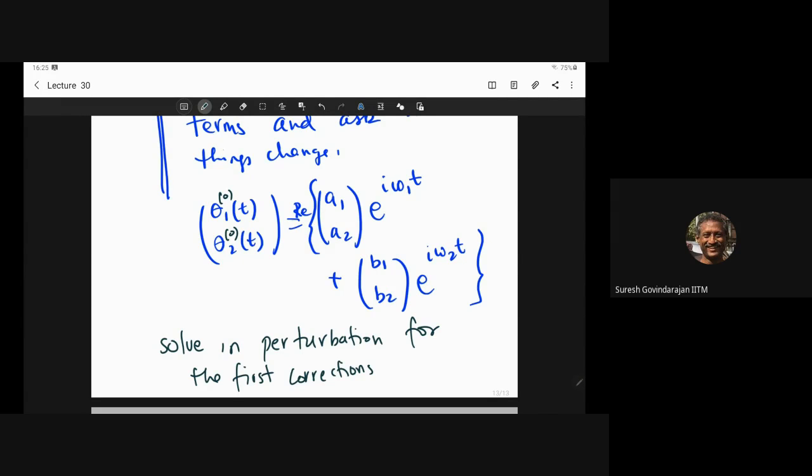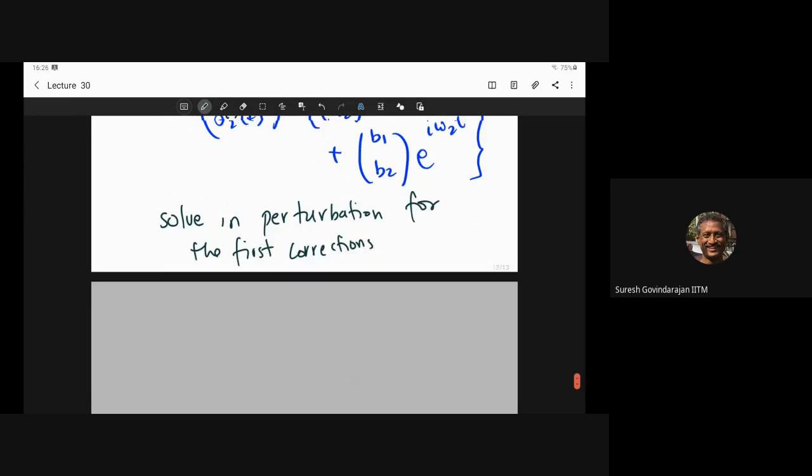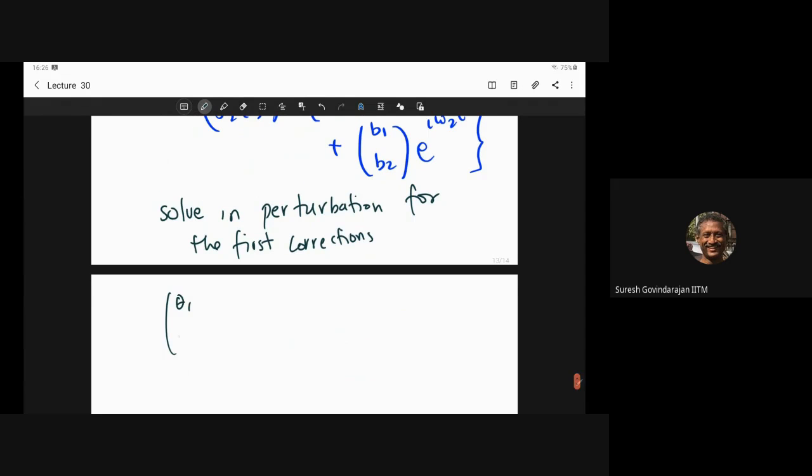But now we want to put them in there, and we try to feed this back, so we write theta 1, theta 2 to be theta 1 of 0, theta 2 of 0, plus the known theta 1, 1 of t, of course.